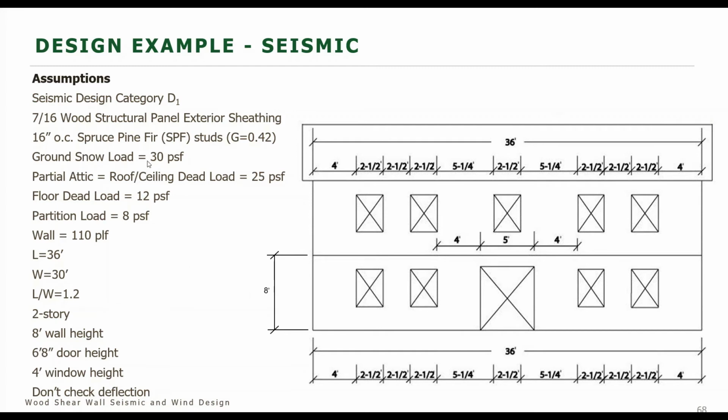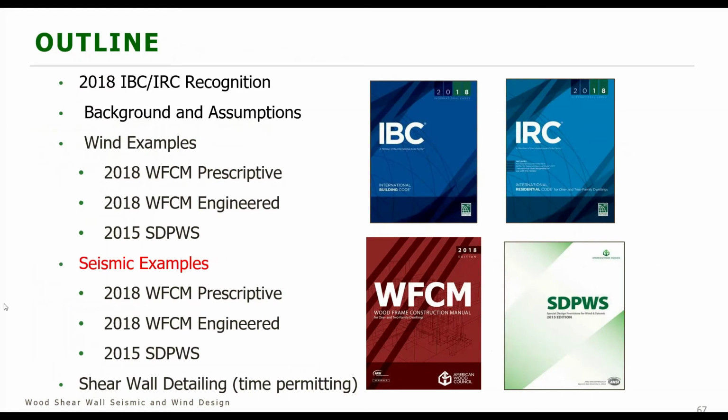We have a ground snow load of 30 pounds per square foot, and then the dead loads: 25 for the roof, ceiling, attic area, a floor dead load of 12, a partition load of 8, and a wall of 110 pounds per linear foot. Our aspect ratio of the footprint of our building, L over W, is 1.2.